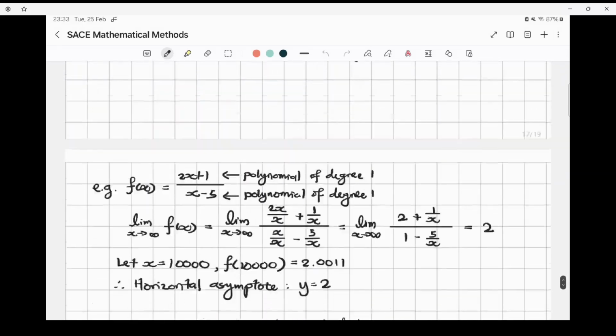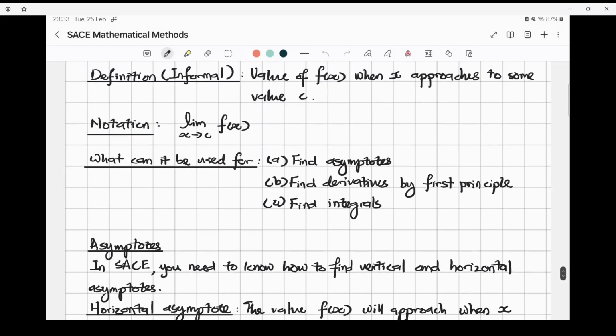So now we proceed to look at the second so-called application of limits, which is to find the derivatives by the first principle. So let's move on to that.